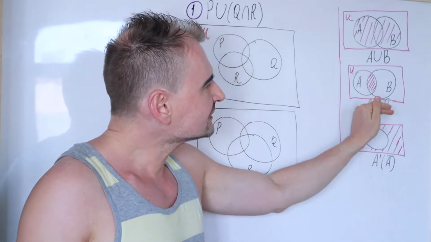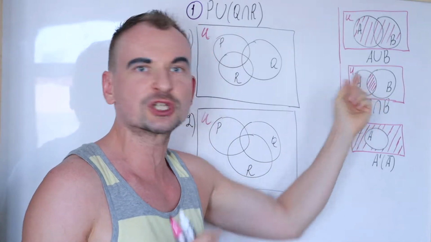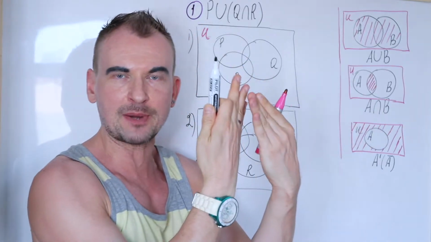Now, for intersection, A intersect B, all you need to do is just highlight or shade the common part between A and B, the overlapping part.